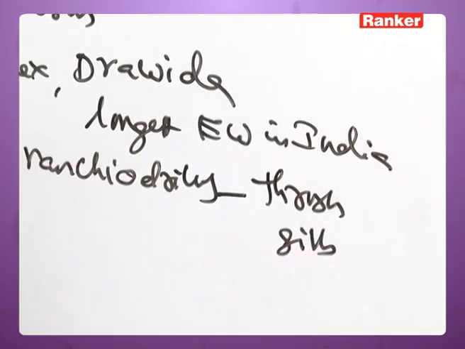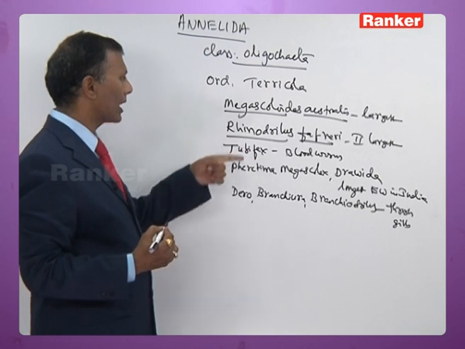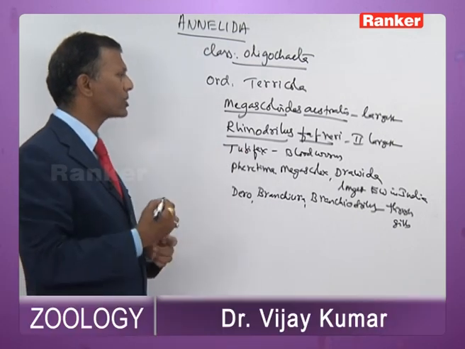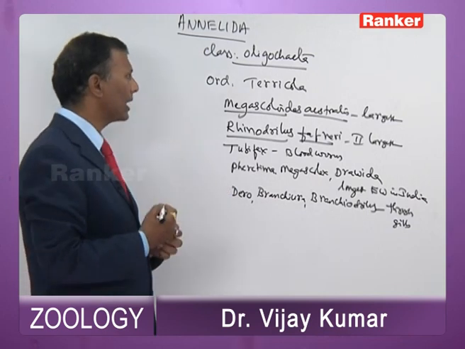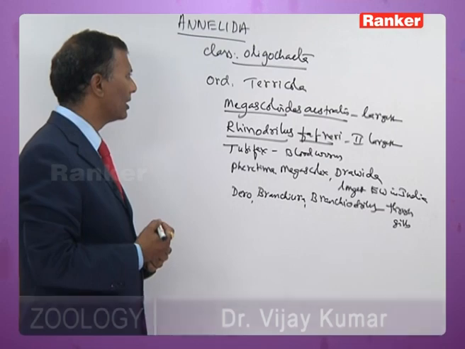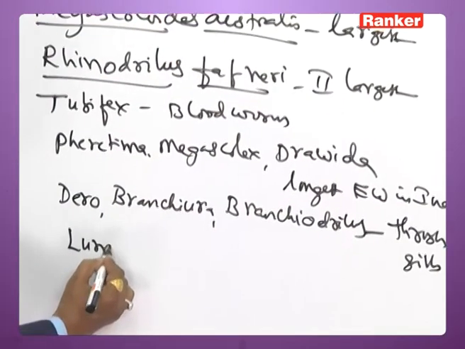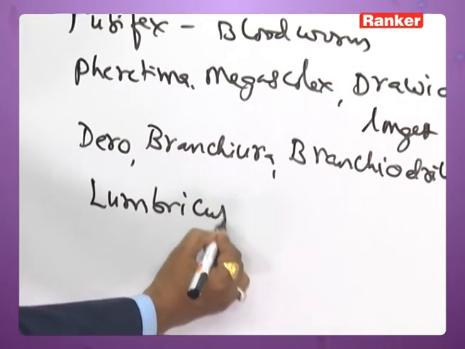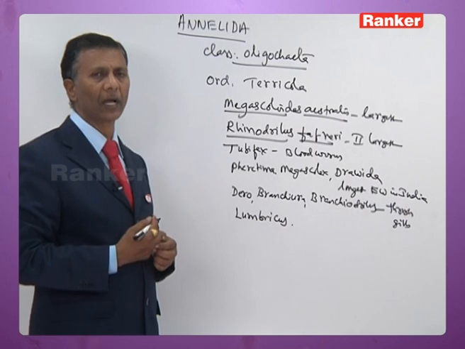So the longest here, Rhinodrilus fafneri second longest, Megascolides australis the longest. They belong to Terricola. Apart from that, all the earthworms also belong to Terricola. The European earthworm called Lumbricus also belongs to order Terricola of class Oligochaeta.